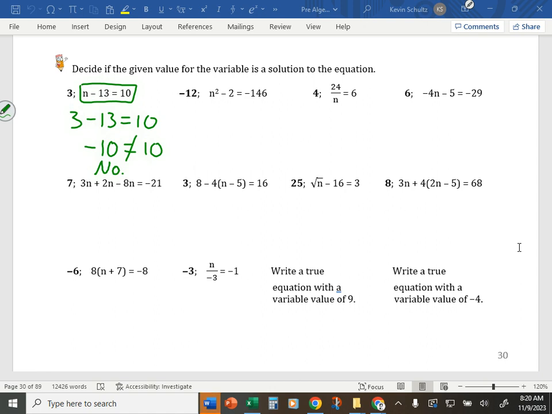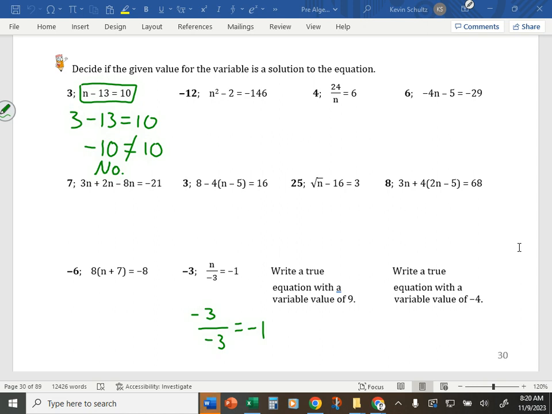Is there any of these you'd like to do together in the time that we have left? Jillian? The bottom one. Last one. Okay, so n divided by -3, does that equal -1? The value that you're testing is -3. So you're going to replace n with -3, right?